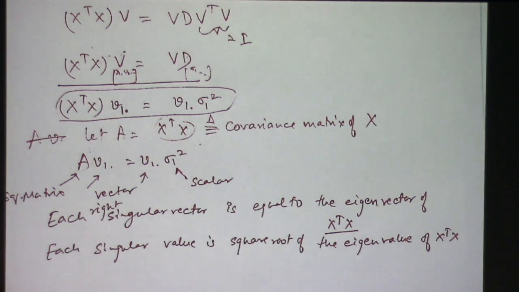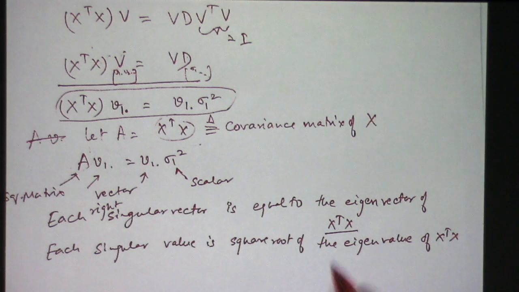So now if you wanted to do PCA on some data matrix X, the original approach would have been to first compute the covariance matrix and then do the eigenvalue decomposition of that.